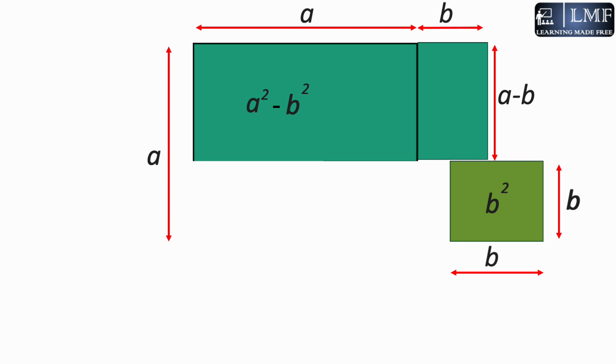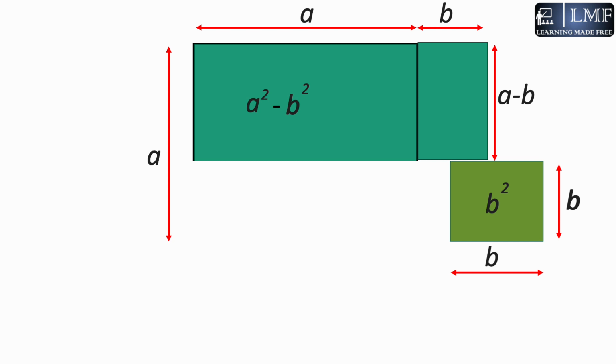Now if you see on your screen, we have formed a big rectangle, and the dimensions of this rectangle are a plus b and a minus b. Now we know the area of the rectangle is length into breadth.